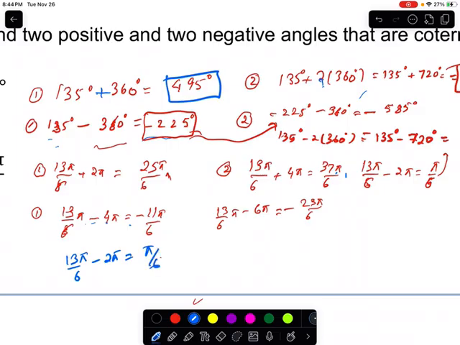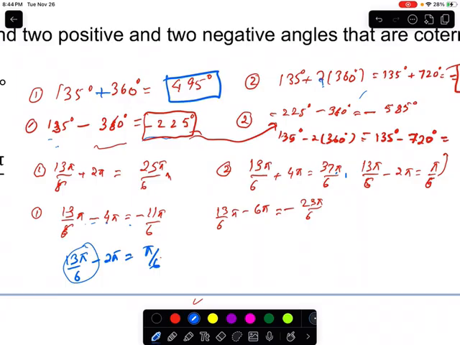This is a positive angle, okay? That's what I was saying: not always by subtracting will you get negative angles. Sometimes, depending on the measure of the angle, because this one is bigger than 2 pi, that's why this is happening.